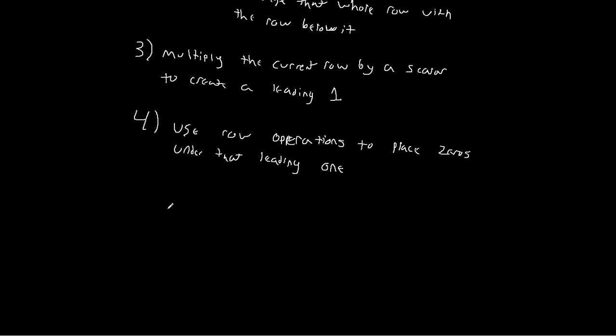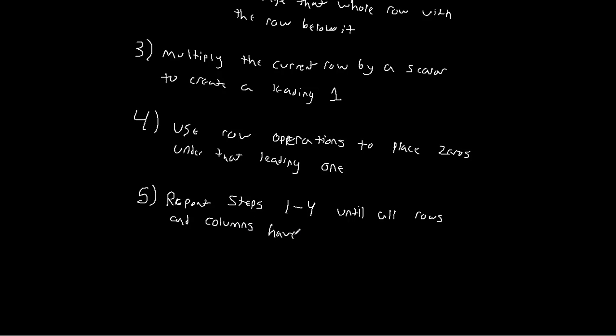So this is the part where we get to iteration. Step 5 is going to be repeat steps 1 through 4 until all rows and columns have been worked on.